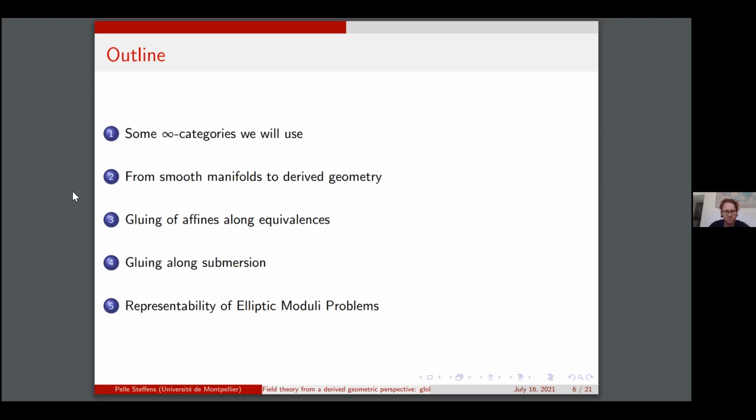Then I will talk a bit about going from affines to stacky objects, and then once all these notions have been absorbed, we go back to this representability theorem and see what it gets us.